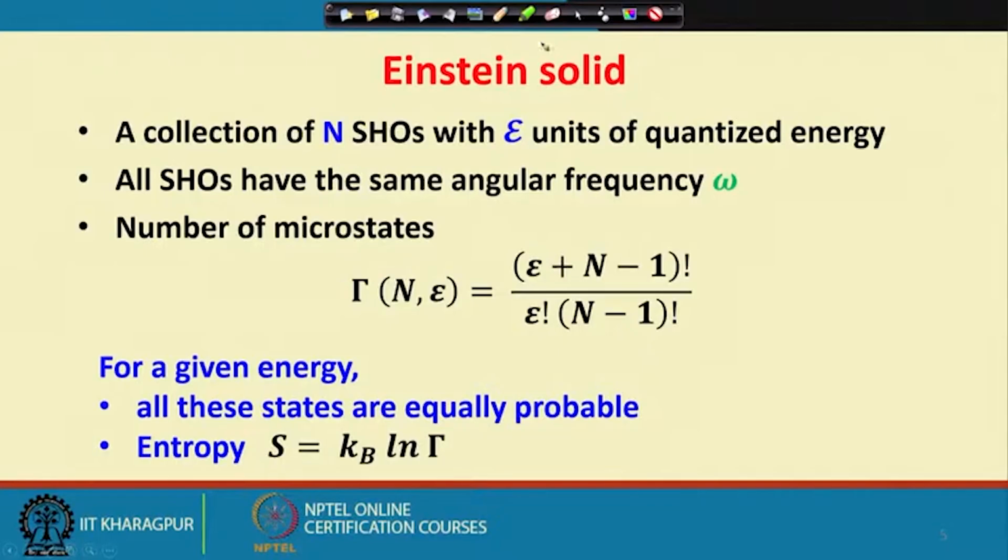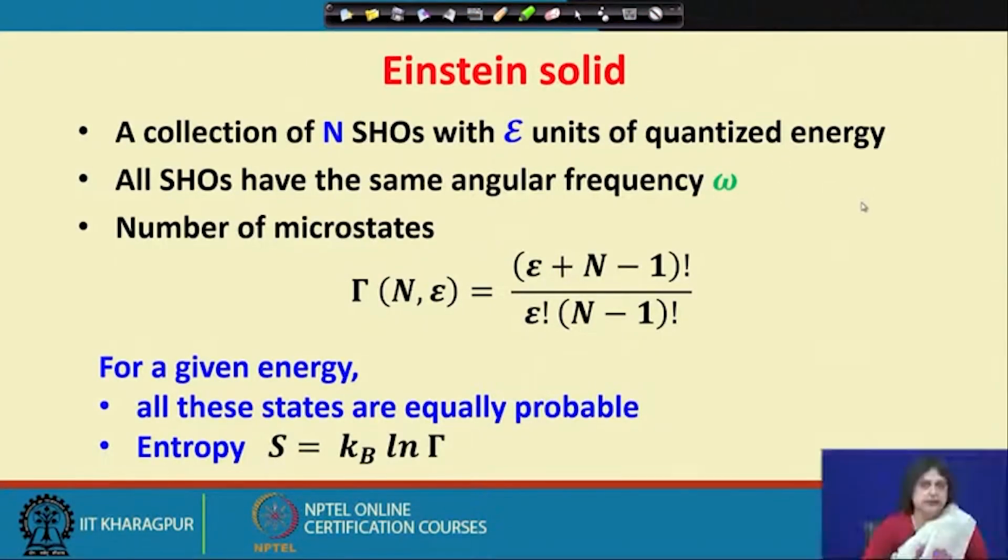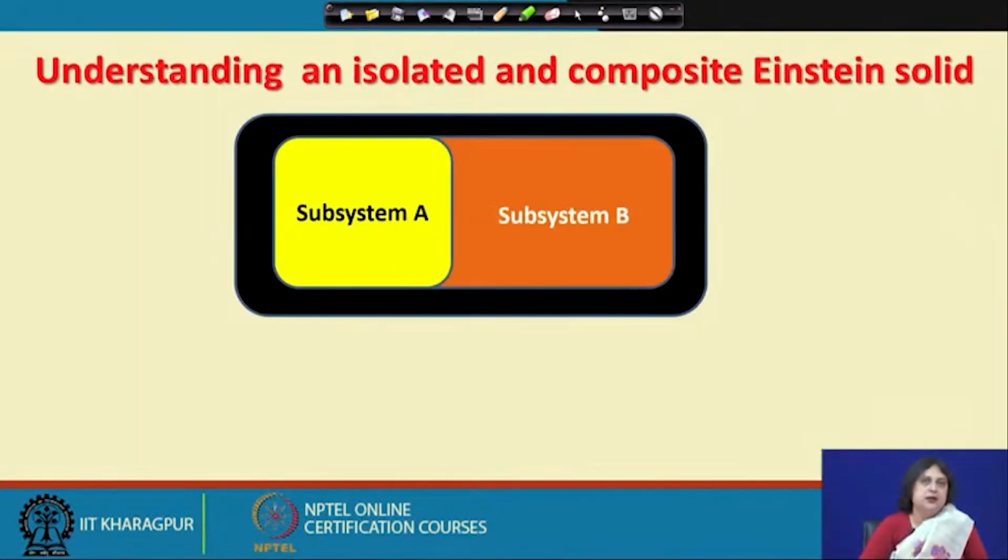Now, let us next go and have a little more complicated situation, and this situation is an isolated and composite Einstein solid. Before this, we have always been talking about one single block of Einstein solid, which is comprised of capital N simple harmonic oscillators, non-interacting and distinguishable.